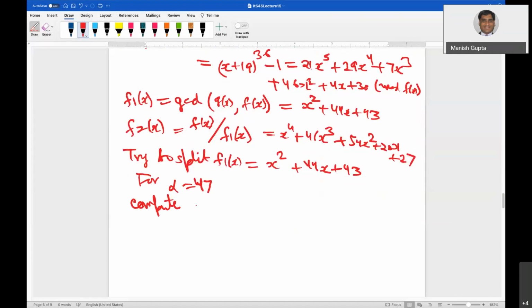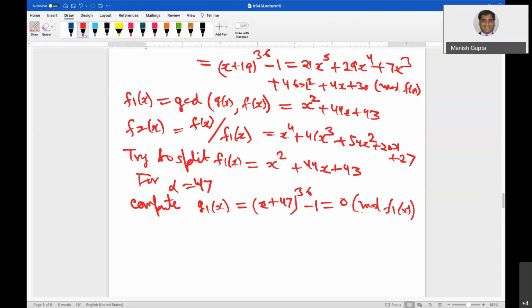And then you compute g1 of x, right? g1 of x will be x plus 47 raised to power 36. It turns out to be 0 modulo f1 of x. Okay, now rather than f of x we have f1 of x.